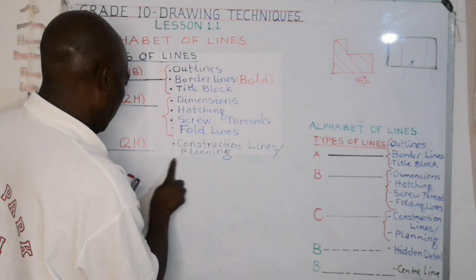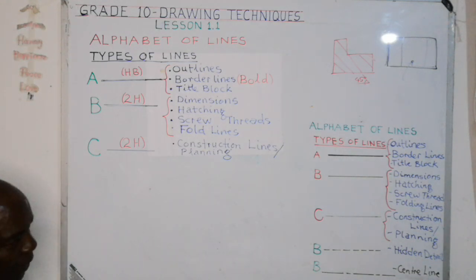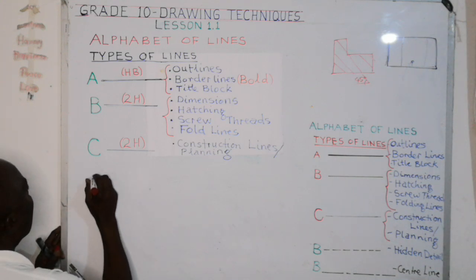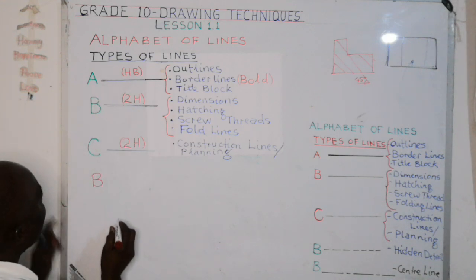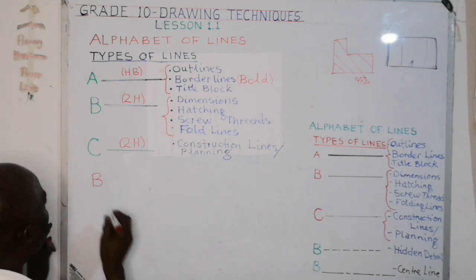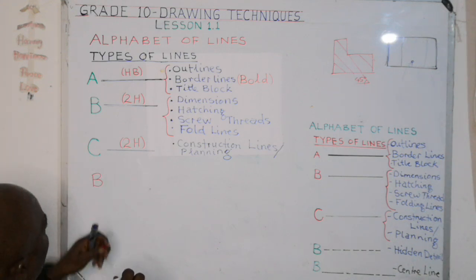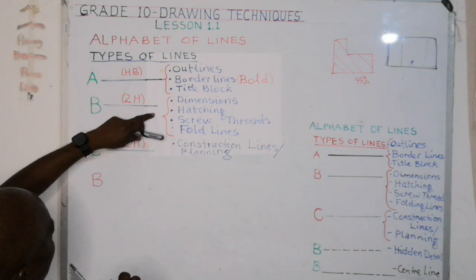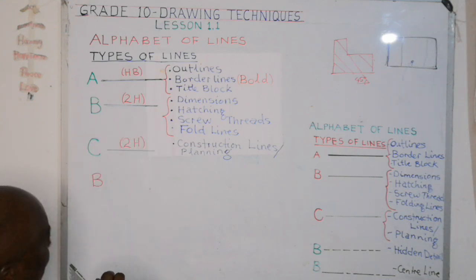So now let's move on to another type of lines, and these lines are still type B lines. Just the same as that, type B, but this time it's a bit lighter, which means for type B you use 2H, and these are hidden detail lines, which are also known as chain line.